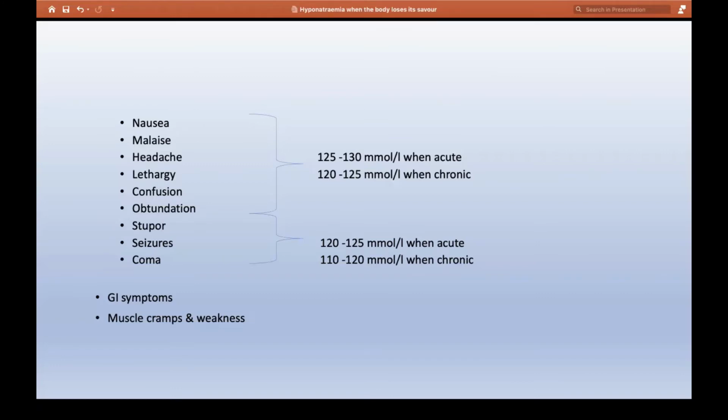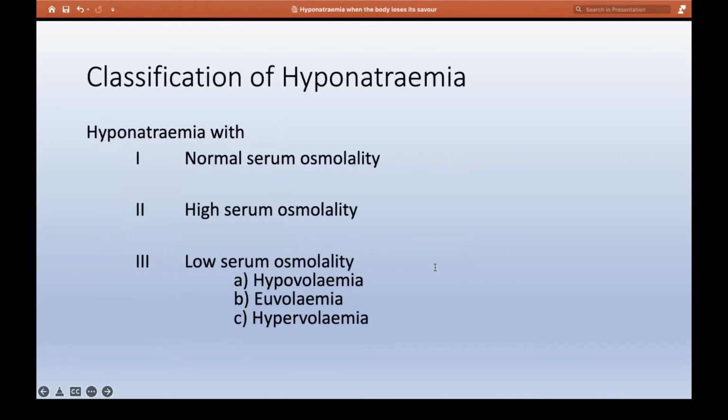Other than the neurological symptoms, you could get GI symptoms, again because of the swelling of the cells from the edema, and also muscle cramps and weakness.